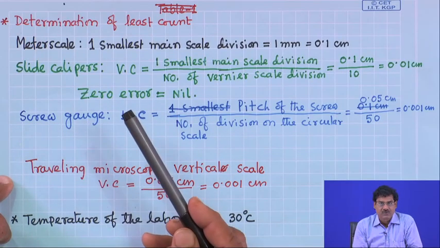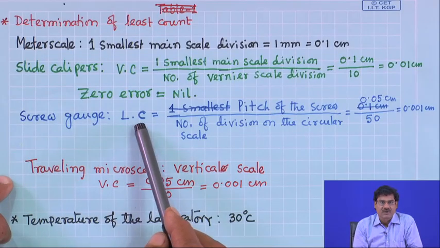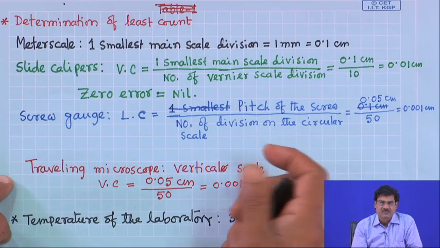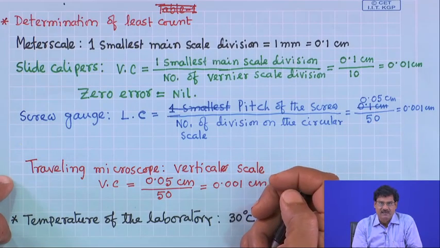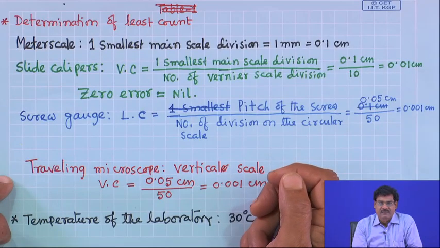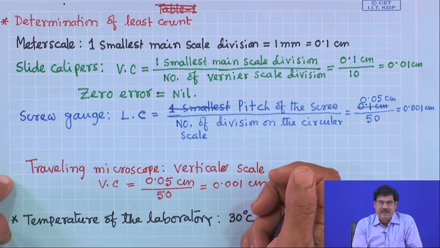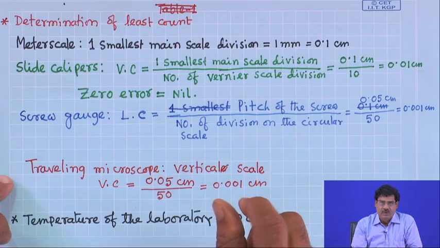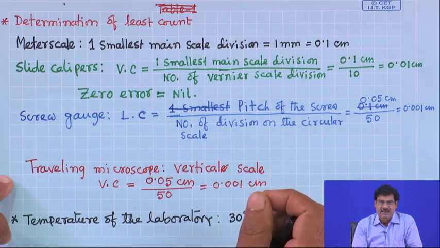The next tool is the screw gauge, and its least count is defined through the pitch of the screw. The pitch is the distance the linear scale advances for one complete rotation of the circular scale. Initially the reading was 0, then it exposed 0.5 millimeter, then 1 millimeter, then 1.5 millimeter.